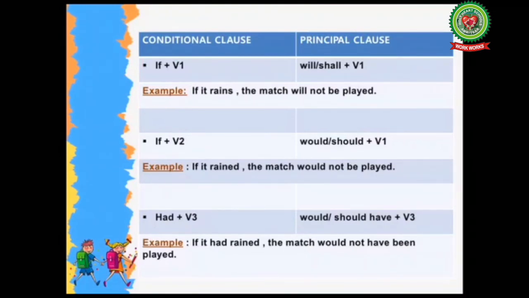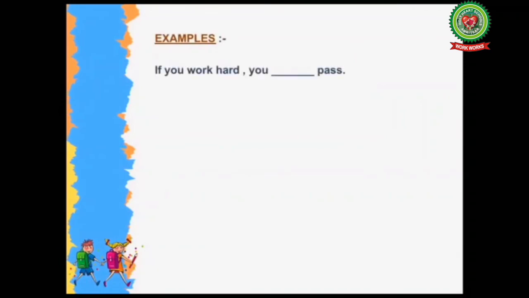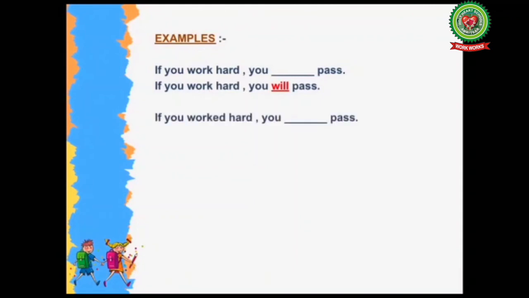Let's take some more examples. If you work hard, you ___ pass. What will you write? If you work hard, you will pass. Next one. If you worked hard, you ___ pass. Now it's in simple past tense and that will be followed by the past tense of will or shall, that will be "would."